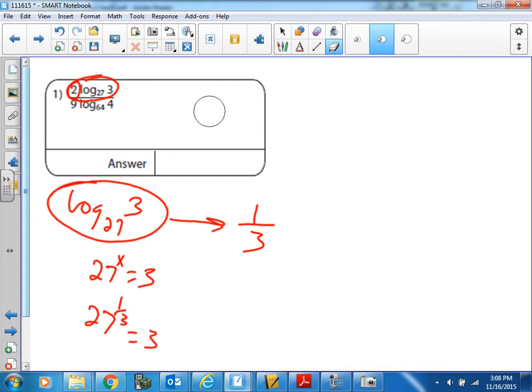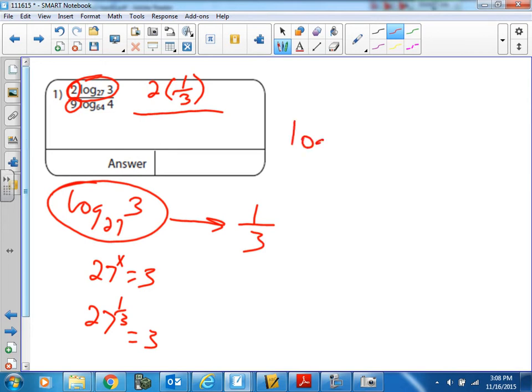Erase that right there a little bit better. So it's 2 times 1 over 3, 1/3. Now the bottom is the same concept. We have 9 times the log base 64 of 4. Well, you can disregard, not really disregard the 9, but just remember the 9 is being multiplied by whatever you have. And there are other ways to do this, but I'm going to disregard the 9 for now. I'm going to deal with log base 64 of 4.